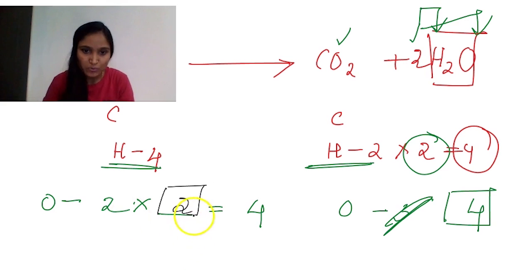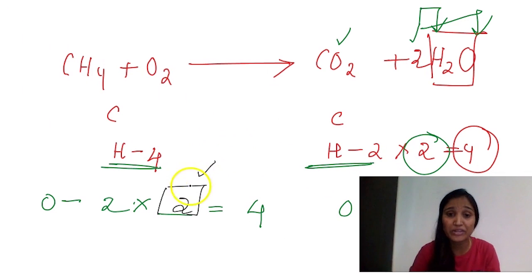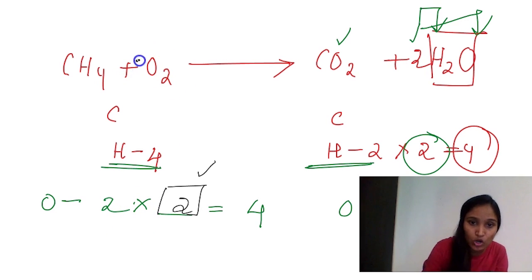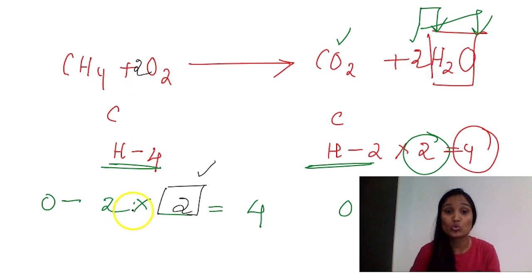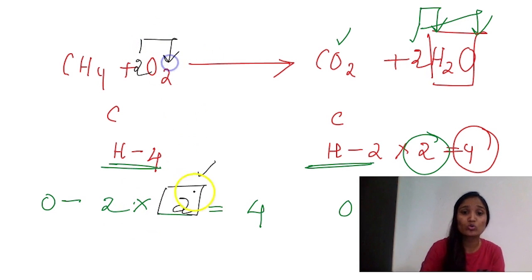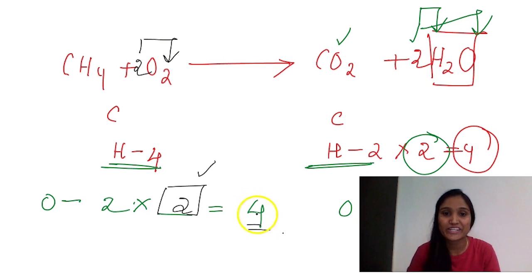This means if I multiply the number of oxygens on the left hand side with 2, the equation becomes balanced. But then how do I incorporate the same thing into the chemical reaction? I can do the same by placing the number 2 just before oxygen, like this. So now after doing so, I have 2 into 2, 4 oxygen atoms on the right hand side and also on the left hand side.